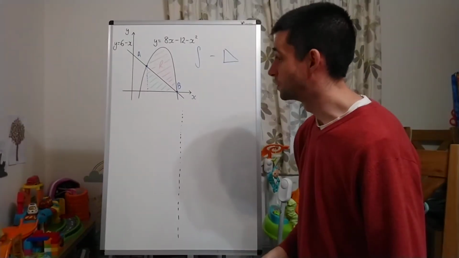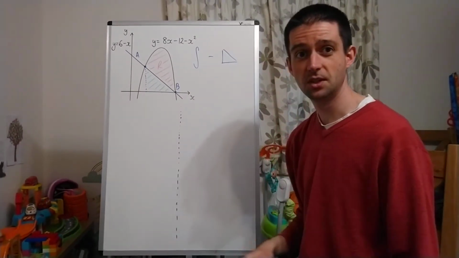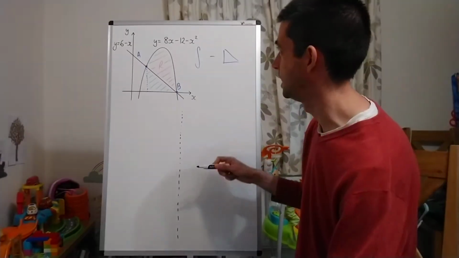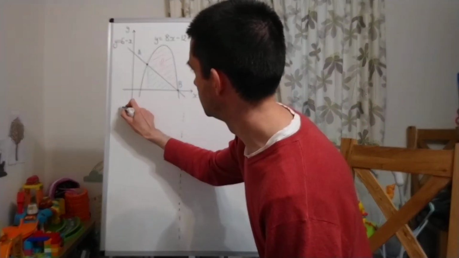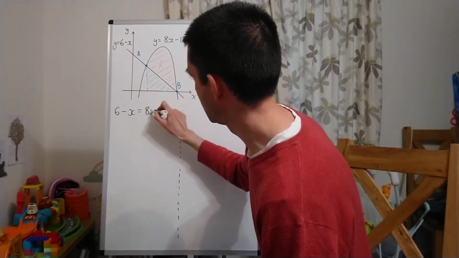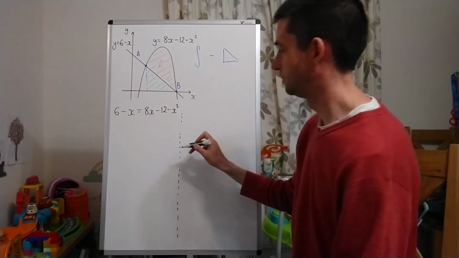So as with the previous one, we're going to start off by finding those 2 points of intersection, A and B, by solving the equation simultaneously. So we could say 6 minus x equals 8x minus 12 minus x squared.